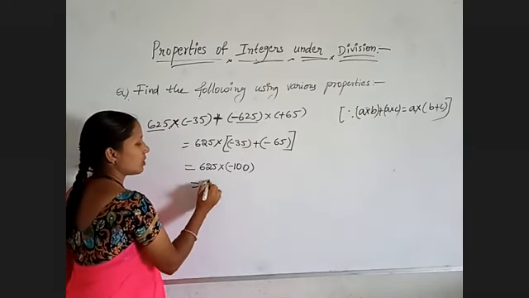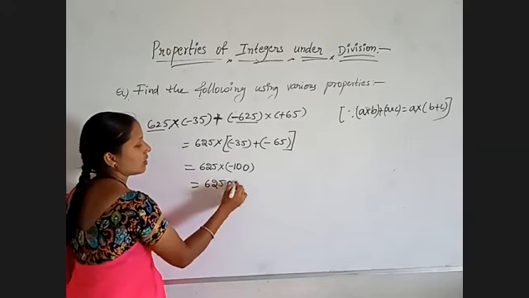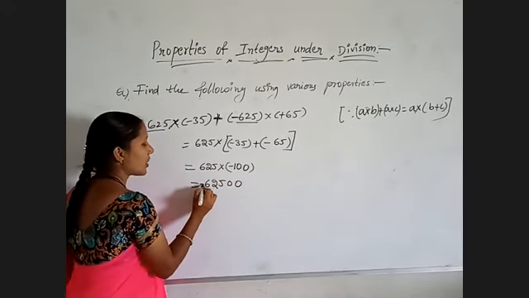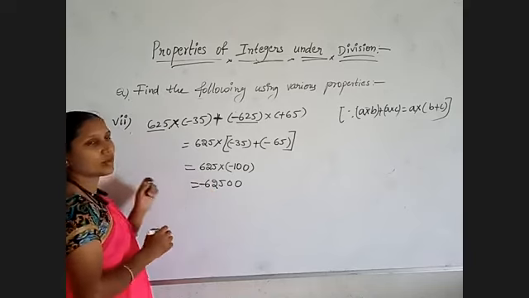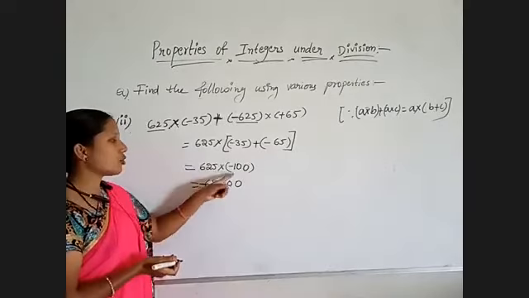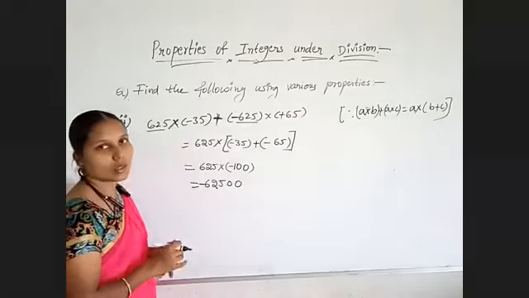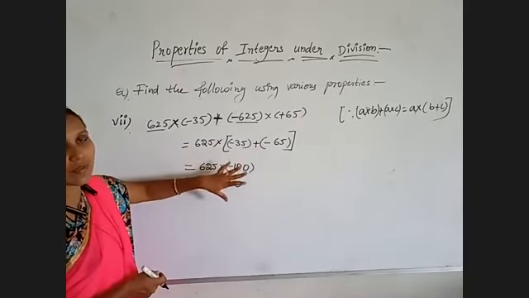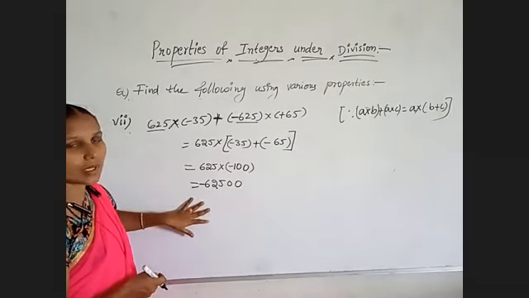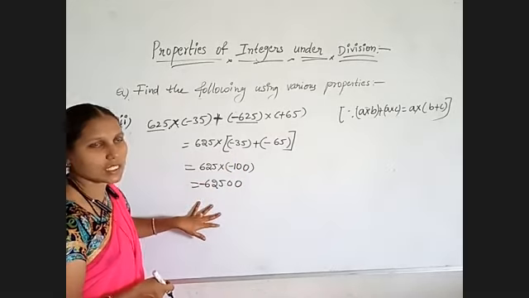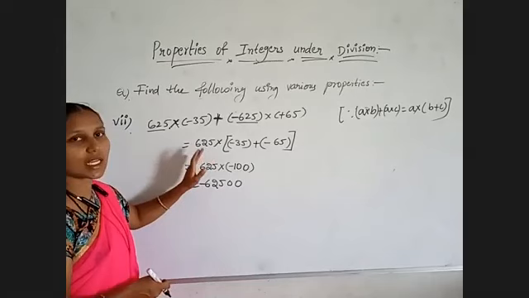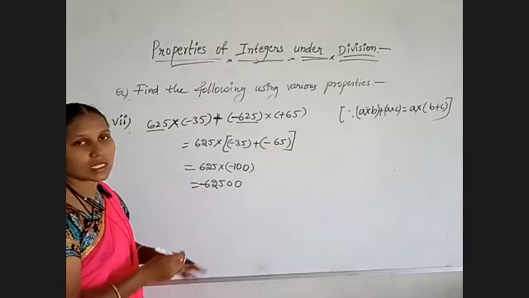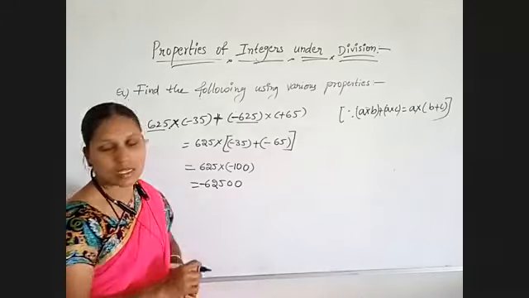Which is equal to minus 62,500, because plus into minus is minus. Whenever we get negative an odd number of times, you will get the negative result. If minus appears an even number of times, then you will get a positive answer.